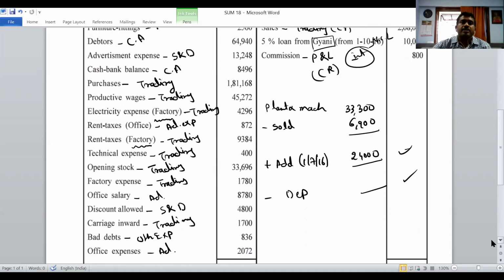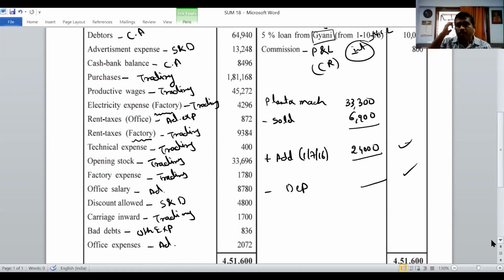Purchases. But first of all we have to write opening stock, to opening stock 33696. Then write down to purchases, outer column 181168. After purchases, we can do productive wages, that is also trading, 45272.